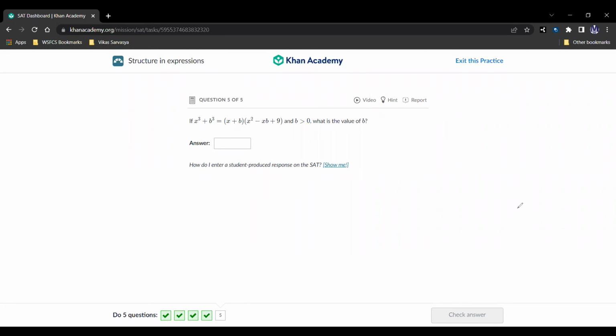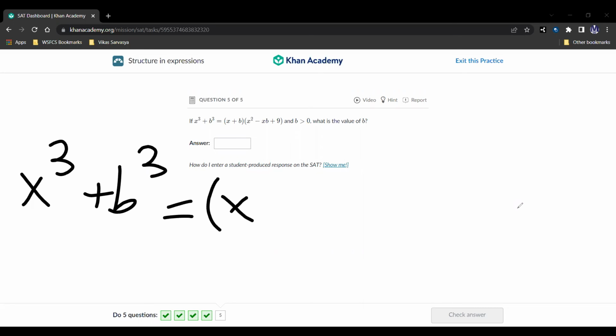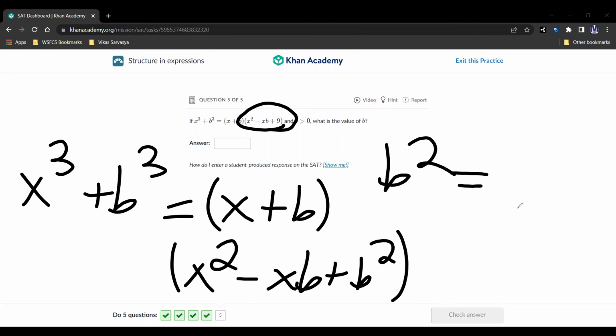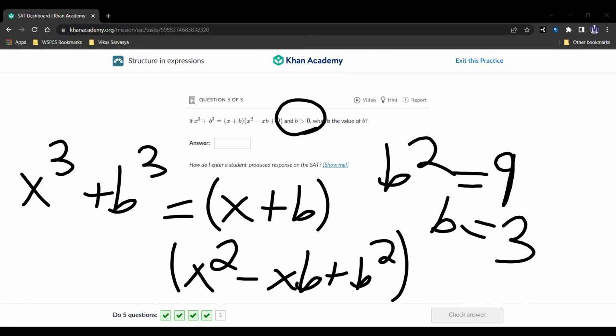So x cubed plus b cubed is going to be x plus b times x squared minus xb plus b squared, and we're given x squared minus xb plus 9, so b squared is going to be 9, and since we're told here that b is greater than 0, then b is going to equal 3. All right, so our answer is 3, and we're done.